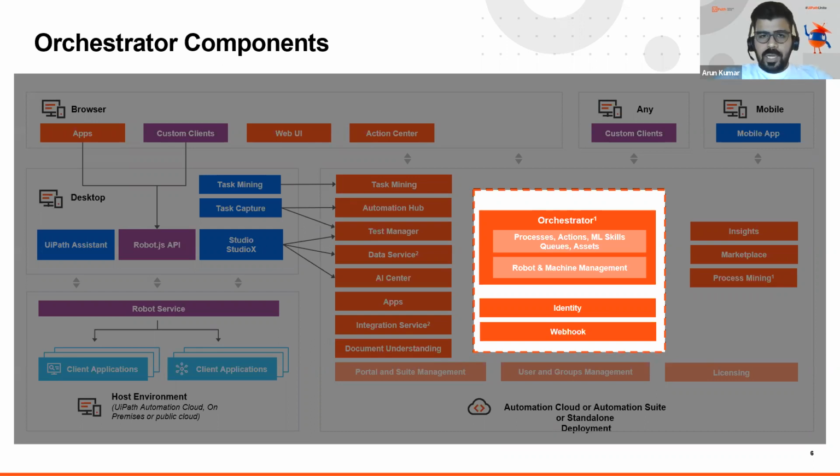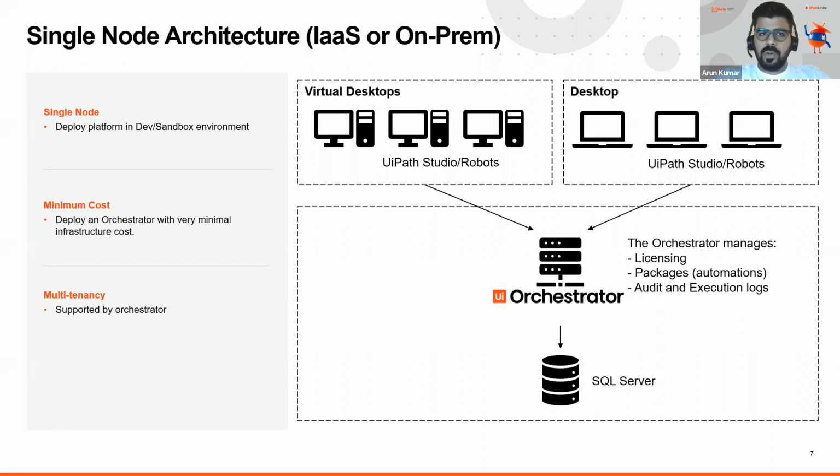Now let's move on to the architecture that the single node orchestrator follows. As you can see here, we have the orchestrator lying at the heart of our architecture. On the back end, the orchestrator works with the SQL server, where we have the UiPath schema stored.